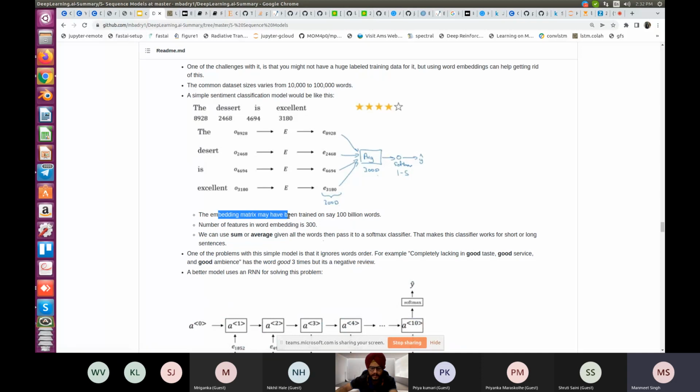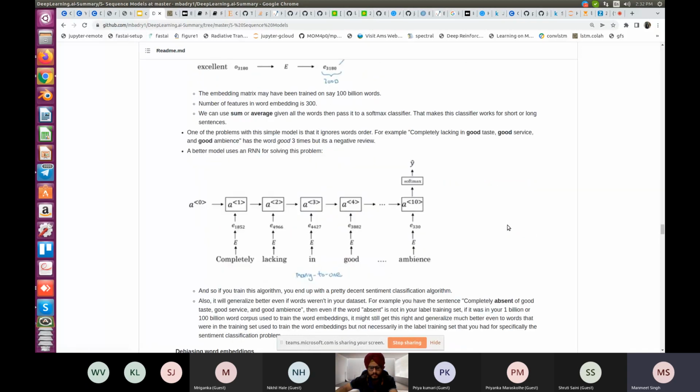The embedding matrix may have been trained on, let's say, 100 billion words. The number of features in the word embedding is 300, and we can use sum or average given all the words and then pass it to a softmax classifier. This makes the classifier work for short or long sequences.